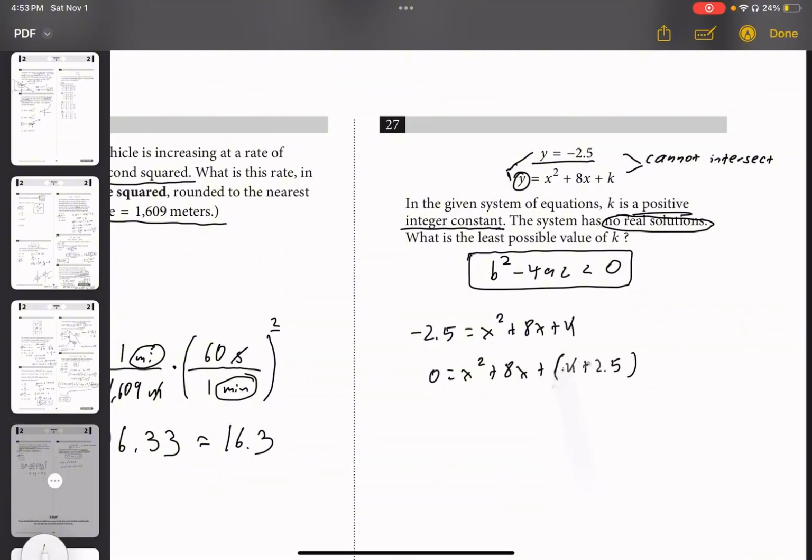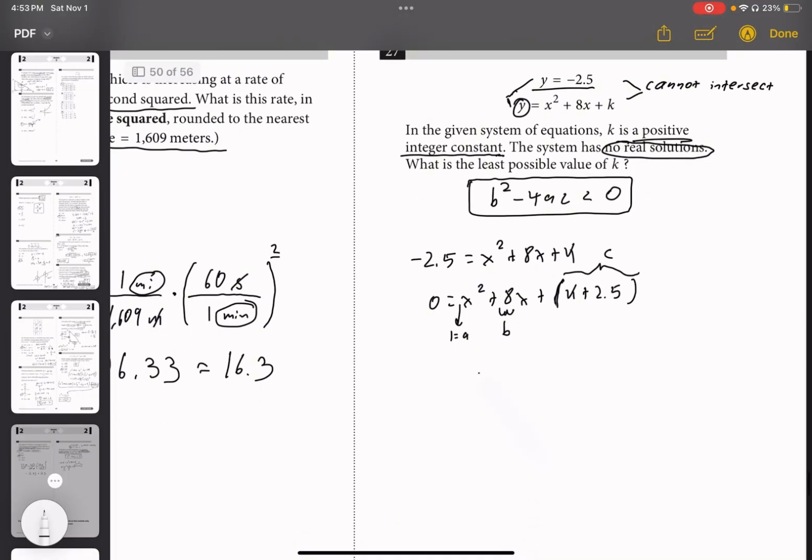I put these terms in parentheses because they are both constants. And this will be our c term, this will be our b term, and then 1 will be our a term.